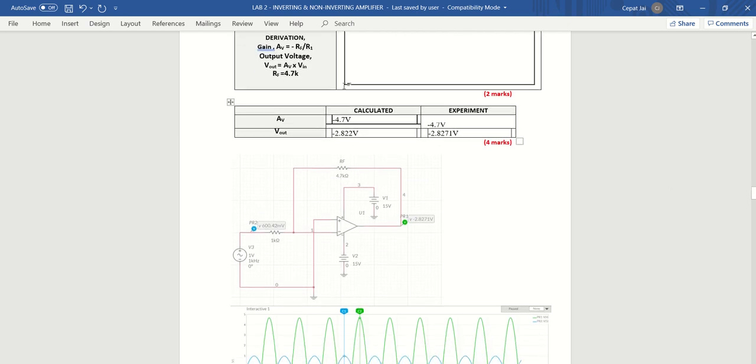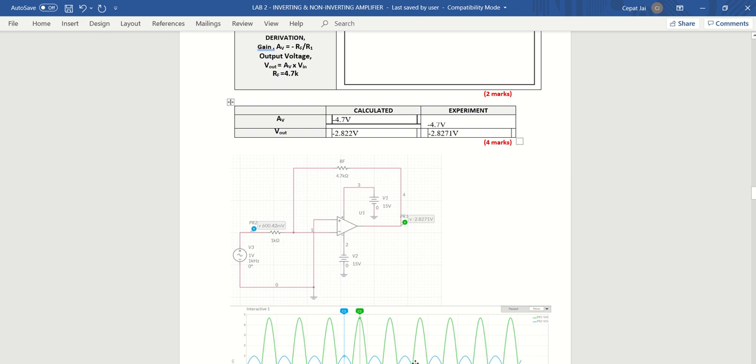First, we have RF equal to 4.7 kilohm. So first I get the voltage gain, which is negative 4.7.